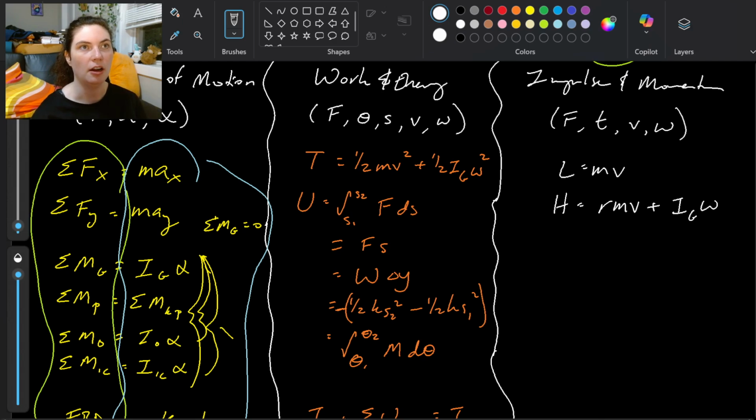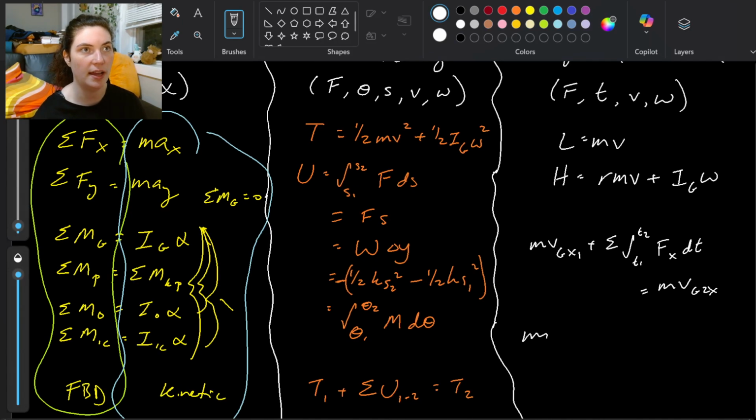And so for this, we had our principle of impulse and momentum, where we used those three equations together to solve a problem. So that was m v_Gx1 plus the summation integrated from t1 to t2 of all of our forces in the x direction dt equals m v_Gx2.